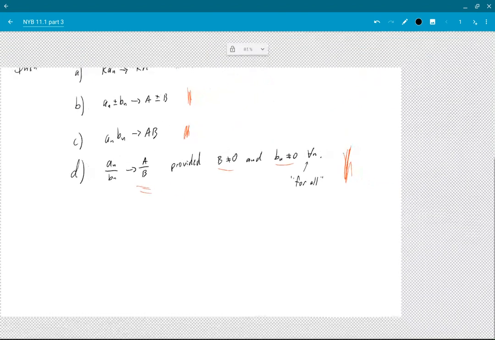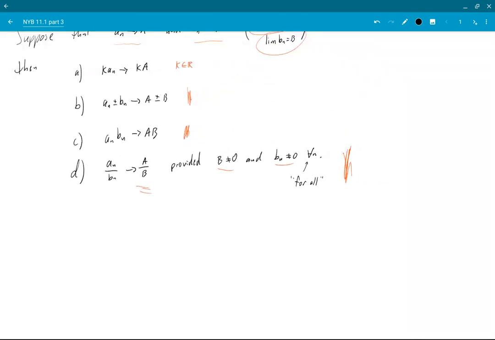Let's shrink this a little bit so I have some room. Okay, so some examples. Imagine you have an is equal to 1 over n minus 1 over n squared.